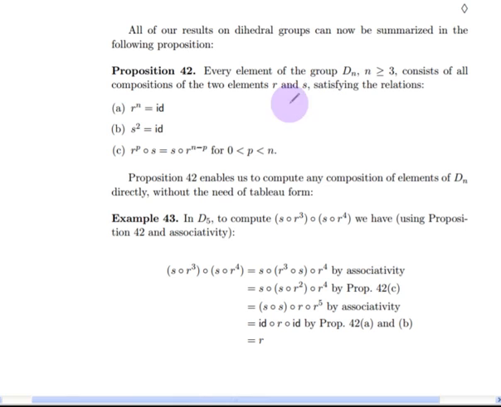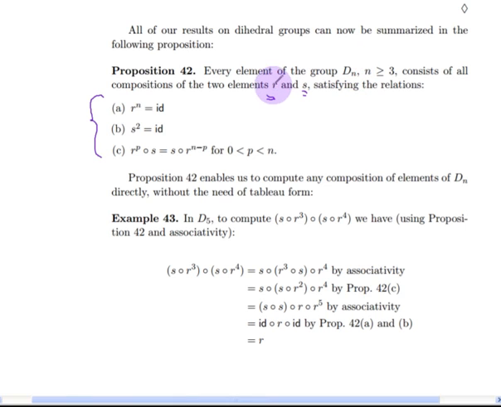All right, so here is an algebraic summarization of the properties of the dihedral group. We actually call these two elements generators, R and S. Using these two elements, I can create any element of the group Dn.